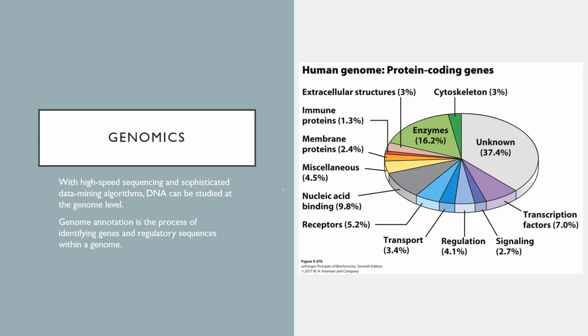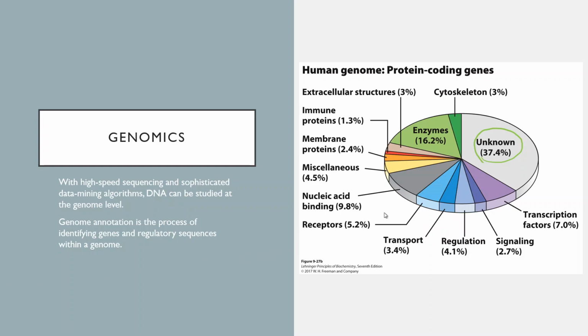Nucleic acid binding proteins are also important because those are the proteins that bind to DNA and control the expression of other proteins in the cell. But again, interestingly, there's a big chunk, more than a third of all the protein coding genes in the human genome, that have unknown functions. So these are not just DNA sequences that we don't know what they're for. These are protein coding genes that have no known function.